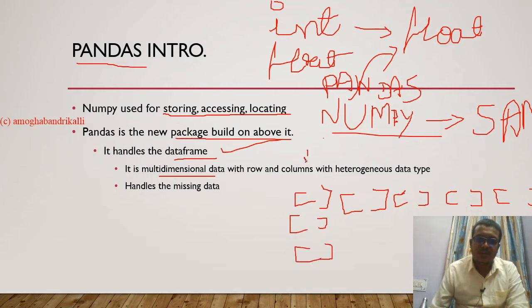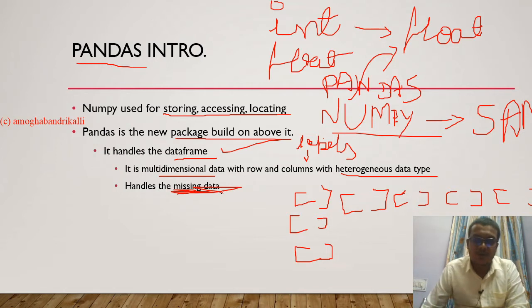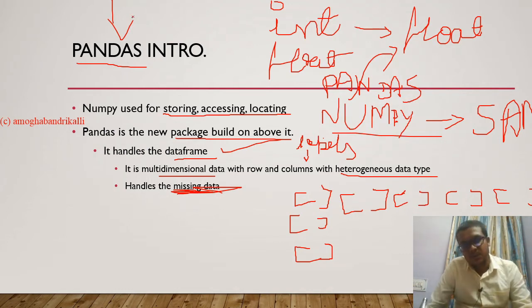Preferably the last column will provide the labels. It has a heterogeneous data type. And another thing is, if any data is missing, you can handle that missing data using pandas. Handling means you can add new numbers, or you can delete those missing data.